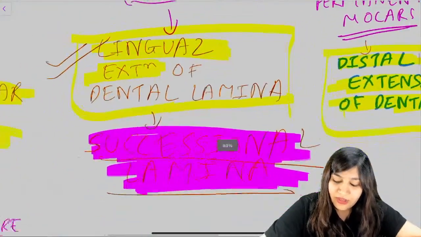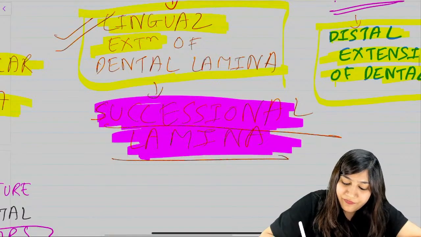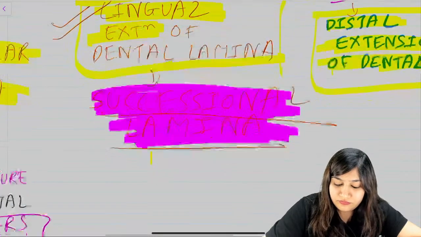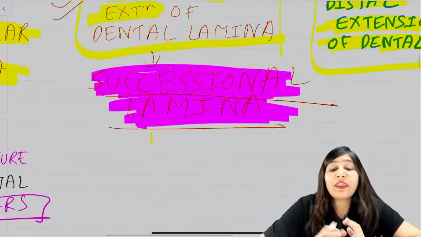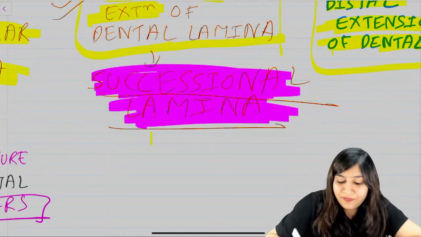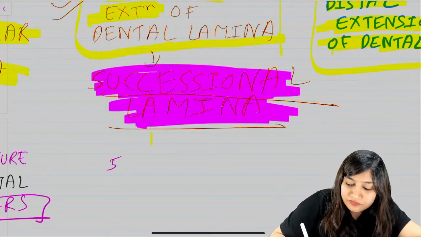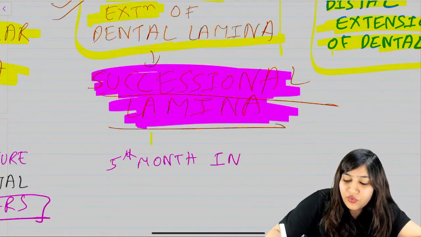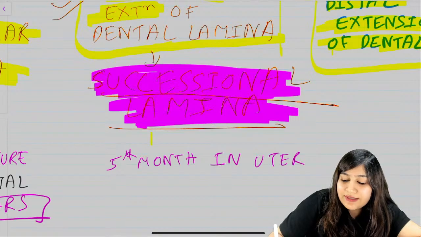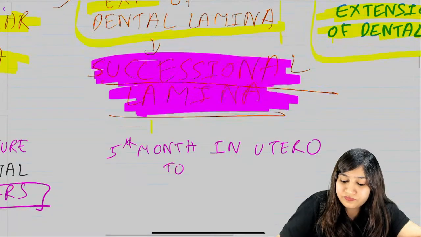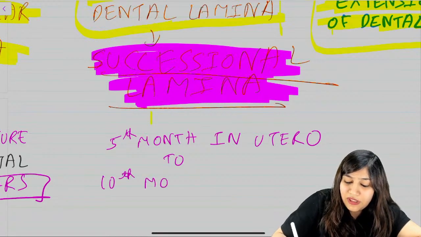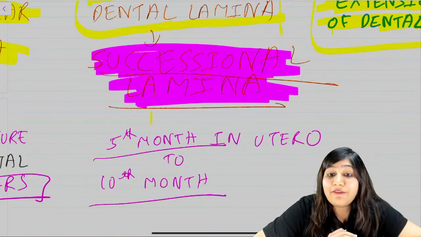So the successional lamina gives rise to succedaneous teeth between the 5th month in utero, that is our central incisors, to the 10th month after birth.